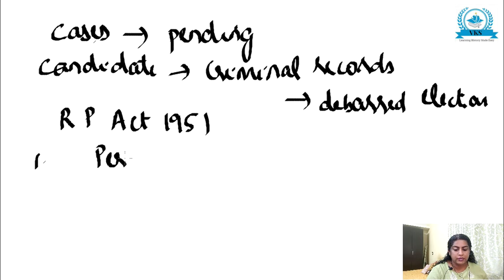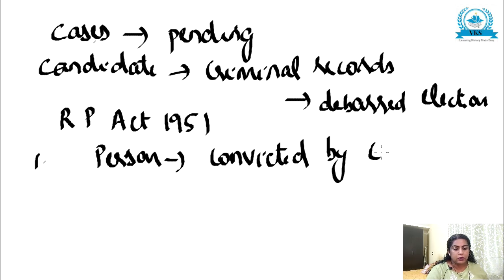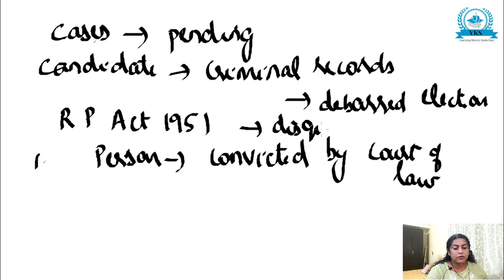If it is proved that he has done a mistake and he is convicted by the court of law, then that is considered to be a disqualification for contesting the election.